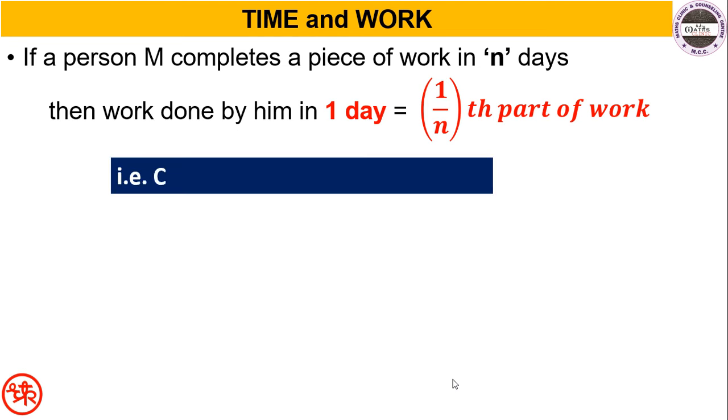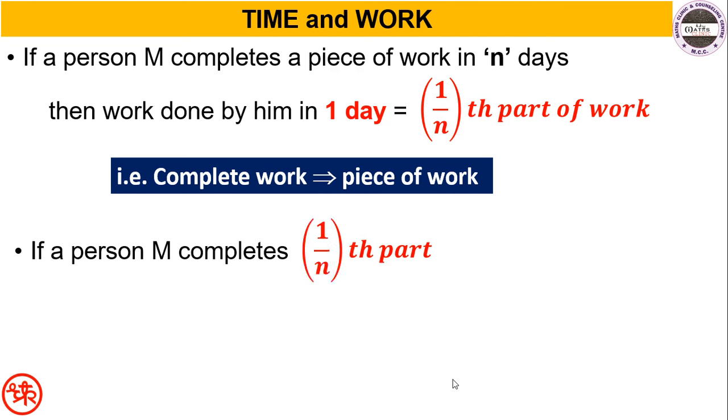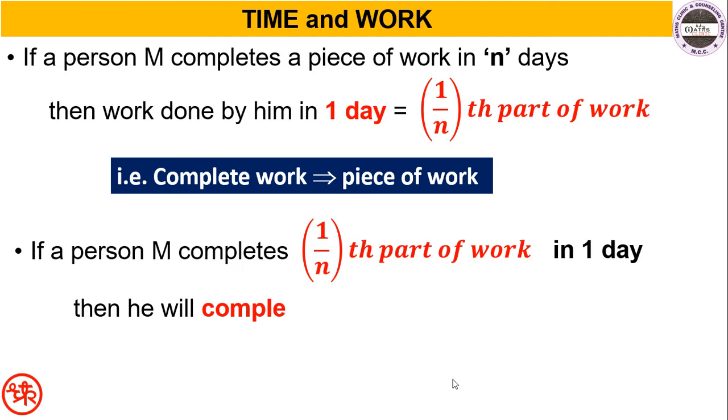Similarly, if a complete work is given and from it a piece of work is determined, right? Now, if a person M completes 1 by nth part of the work in 1 day, then he will complete the work in how many days?